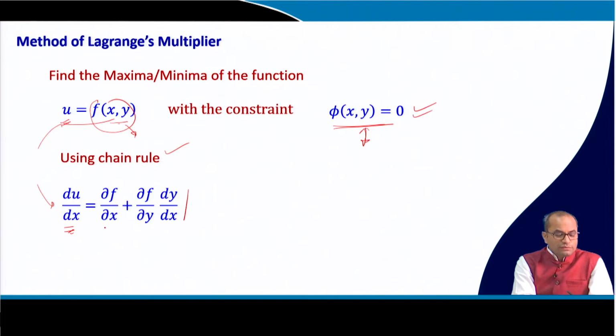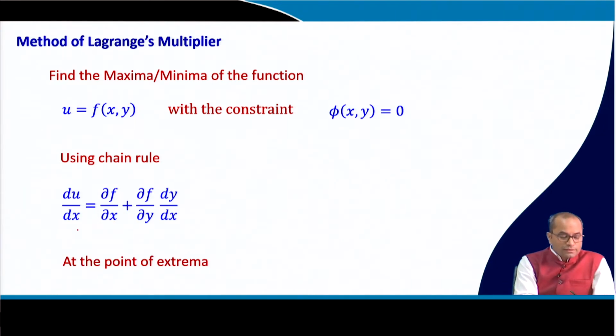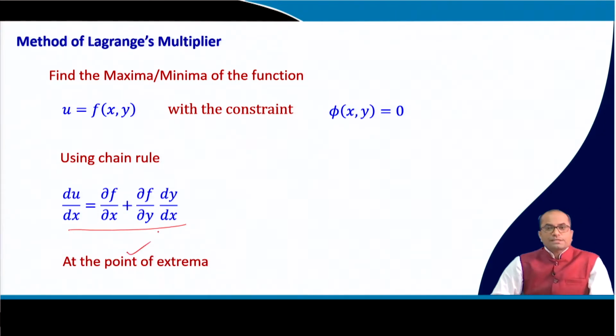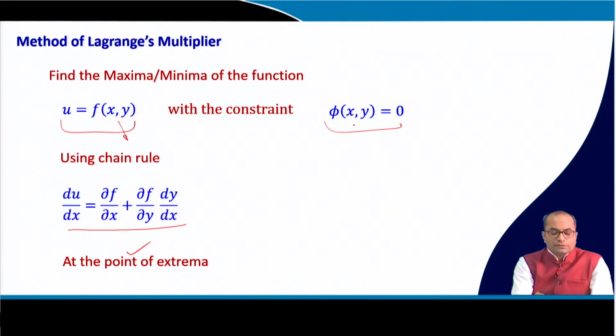So du over dx is del f over del x times dx over dx, that is 1, plus del f over del y times dy over dx. This is a problem of functions of one variable: we have two variables, but one can be substituted from the relation, so at the end u is a function of one variable.